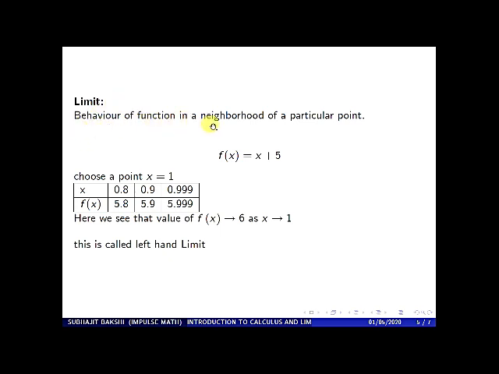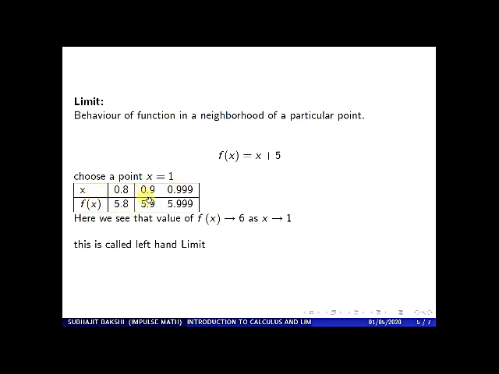The definition of the limit is the behavior of the function in a neighborhood of a particular point. I previously said that I am not going through the analytical approach in this lecture, so this is the definition here. Now we consider a function f(x) equal to x plus 5 and choose a point x equal to 1 randomly. Then we see that at the point x equal to 0.8, which is neighboring to 1, very near to 1, the value of f(x) is 5.8.